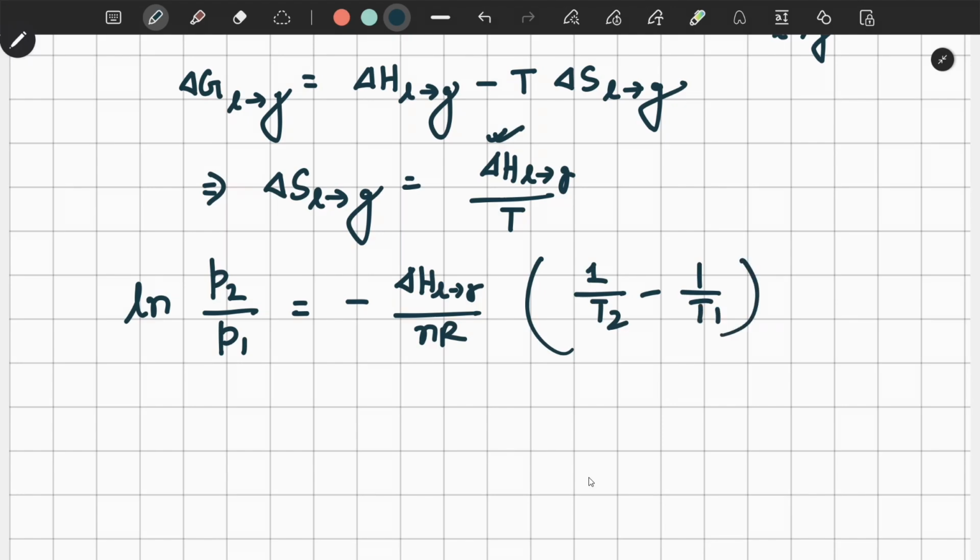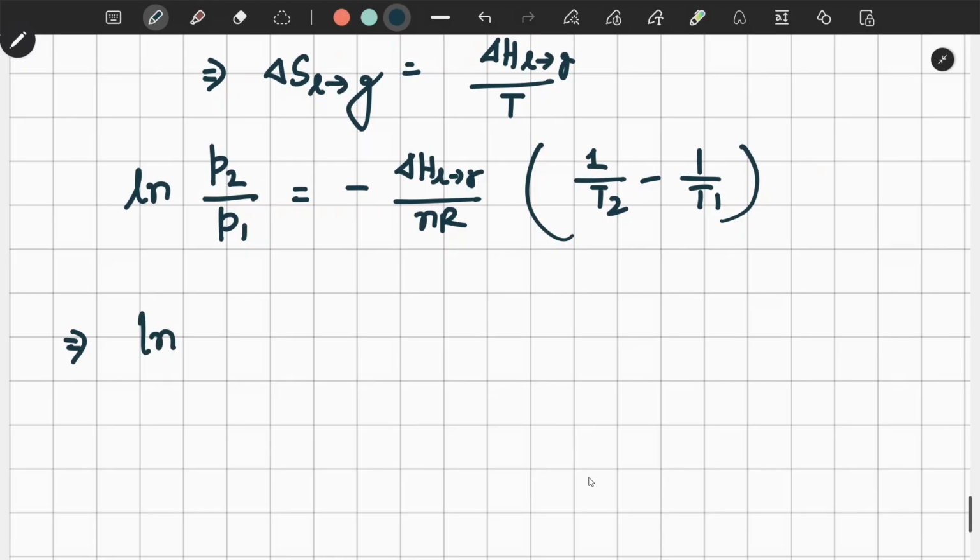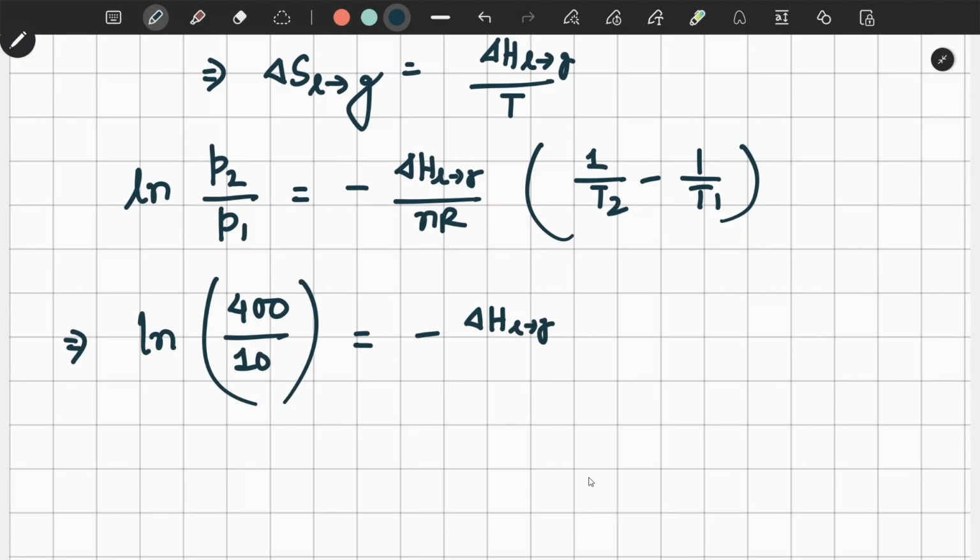So we need to calculate this, and every data is given to us. Just put it in. ln P2 by P1 is 400 torr over 10 torr, and it is delta H liquid to gas. What is n? Nothing is given, so n is 1, because if nothing is specified you have to consider molar data.